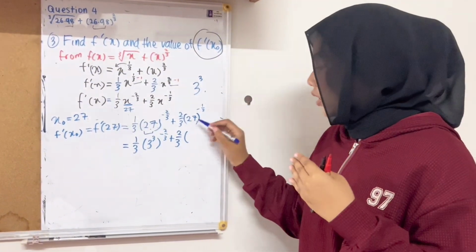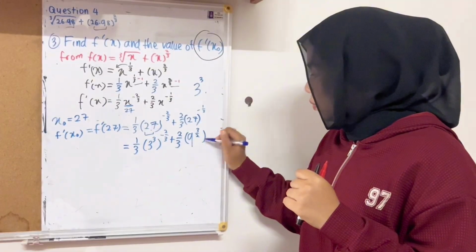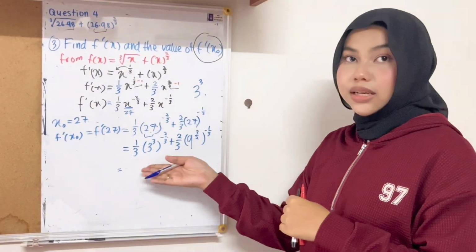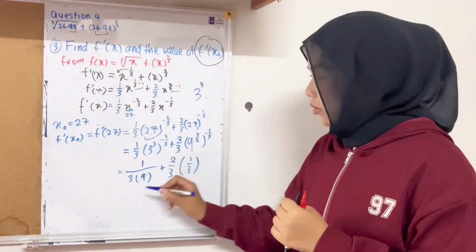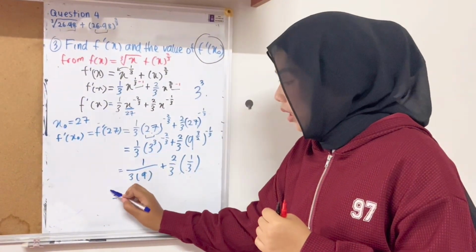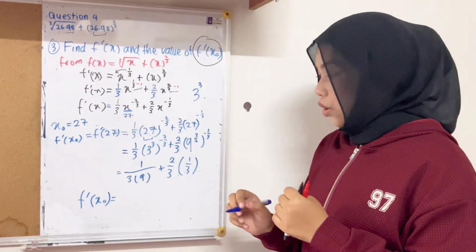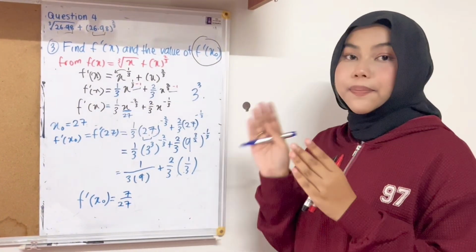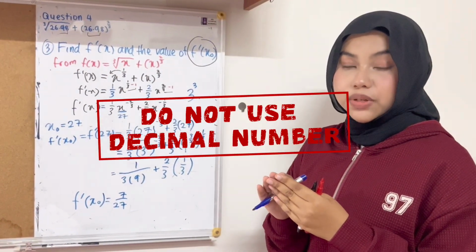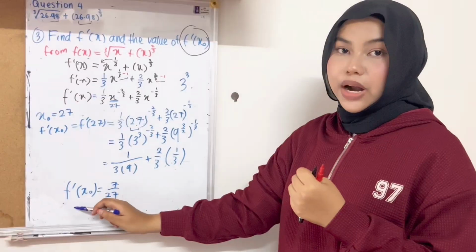For me I got 9 to the power of 3/2. Here you can calculate it, and the final answer for this f prime x naught is 7/27. Please do not use decimal numbers. We're done with step 3, which is to find f prime x naught.